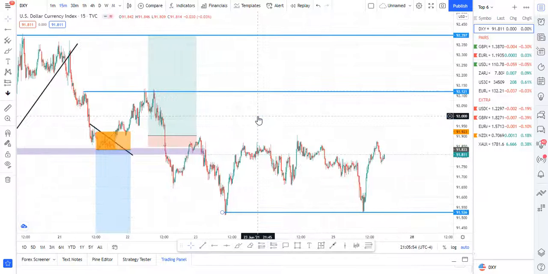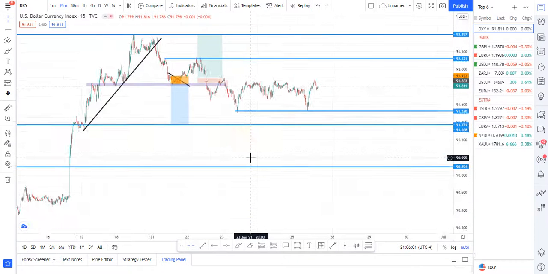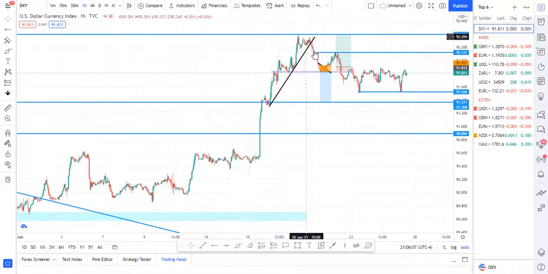So I would like to believe that this is the new support structure and it's the higher low. It's like the higher low of the swing, right? So from here we would love to see the dollar going into new highs.